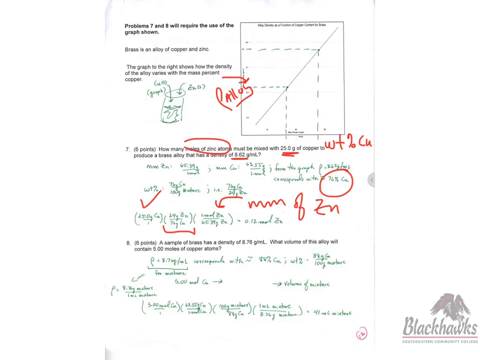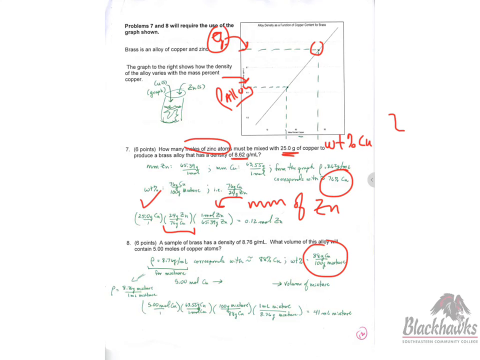Okay? So then down here at the bottom, again, given the weight percent, and in this case, this is what you'd use for number 8. So this is the density. It corresponds to a higher percent of copper, and I got 88%. Again, it's kind of roughing it.